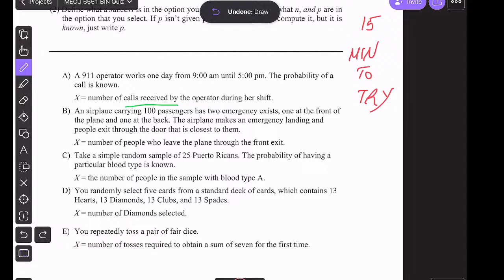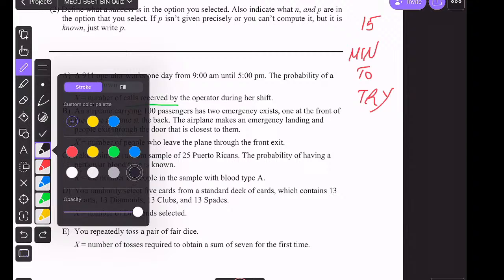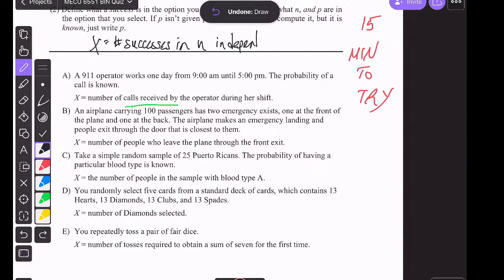So from there, remember it should be X equals the number of successes in n independent trials.